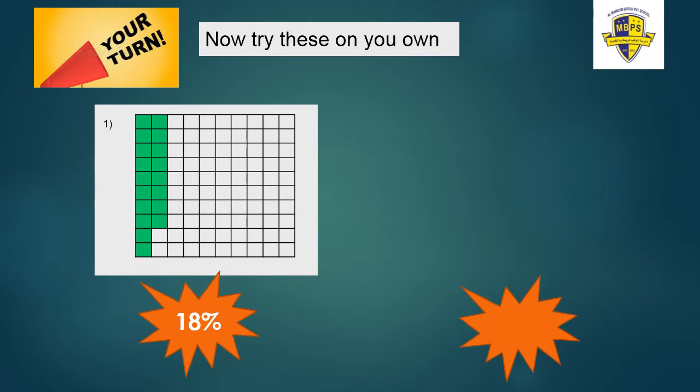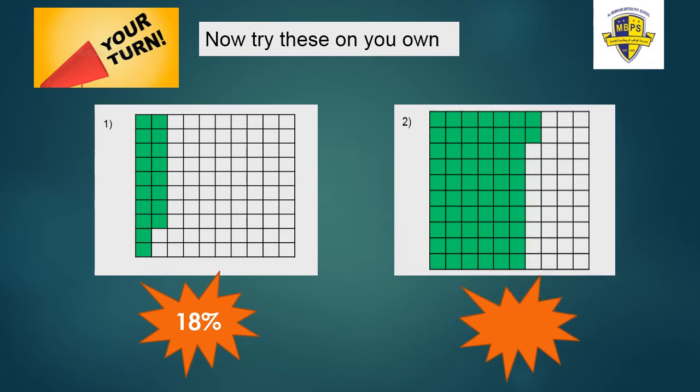Excellent. And the second one, check how many squares are green. 10, 20, 30, count. Then out of 100, so this in percent is 62%. Excellent, grade 5.